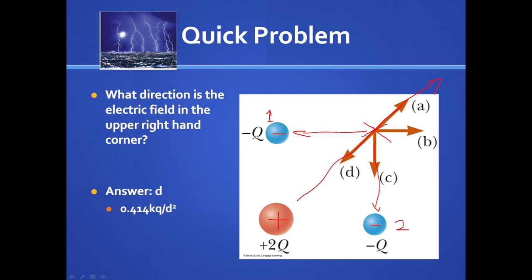So the 3 separate arrows that we would add up together to create the net field at this particular spot are this arrow, and this arrow. And so to find the net field at this particular location, we would need to add these 3 fields up together.